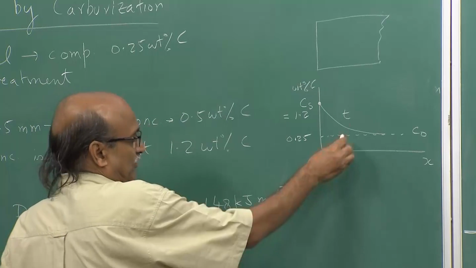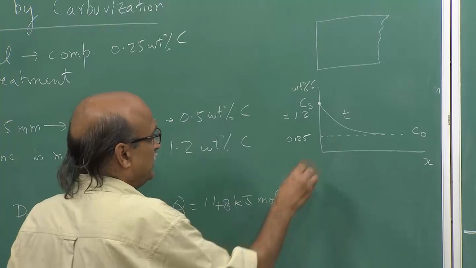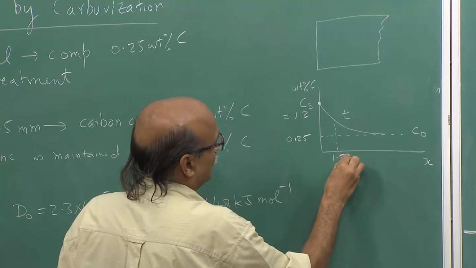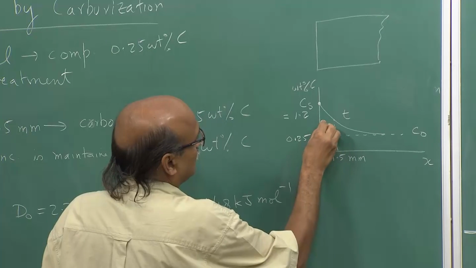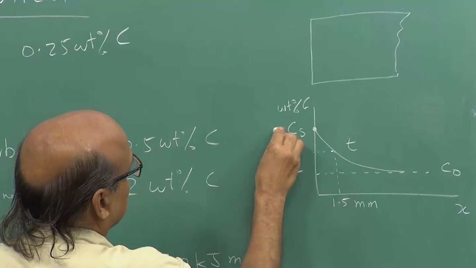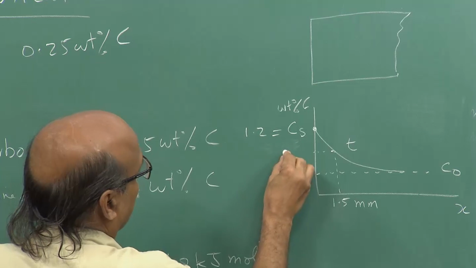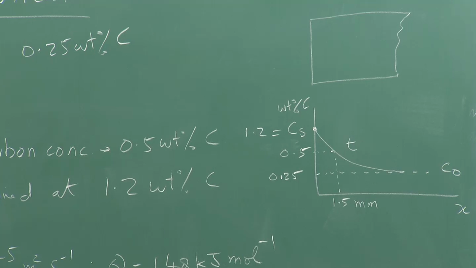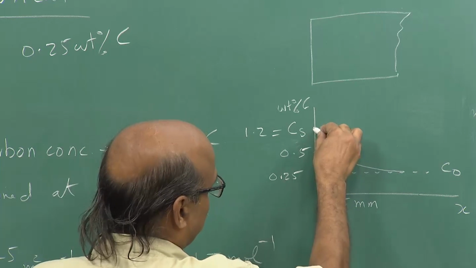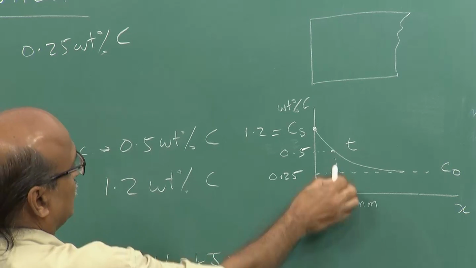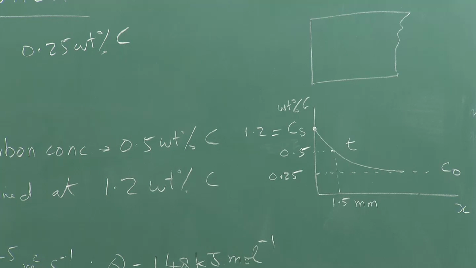This is at some time t, and in fact, I want to find the time t for which at a depth of 1.5 millimeters the concentration becomes 0.5. So, I want to basically find the profile at time t, which gives me this particular concentration at this particular depth.